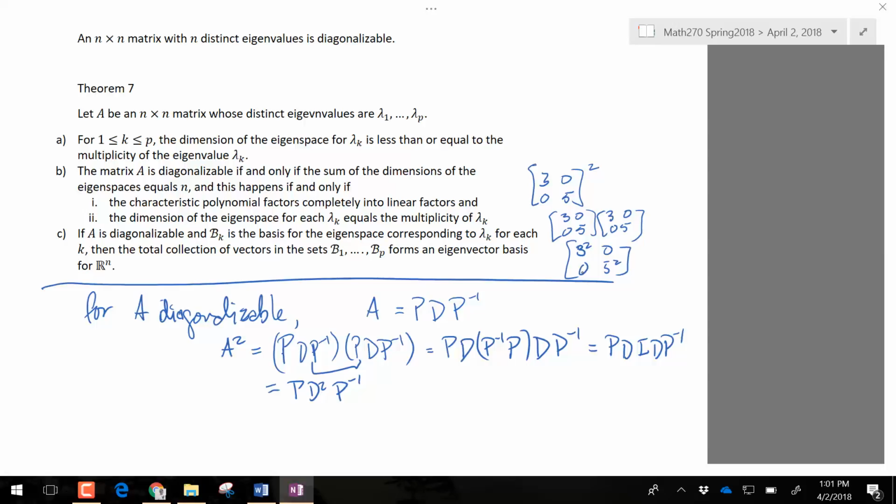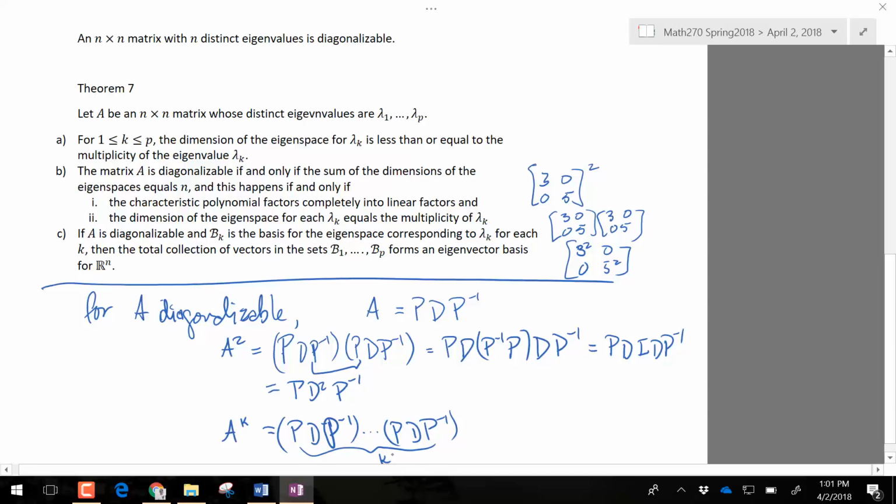a whole number, then you can say A to the k is going to be equal to P D P inverse, and then a whole bunch of them. So there's k of these things.